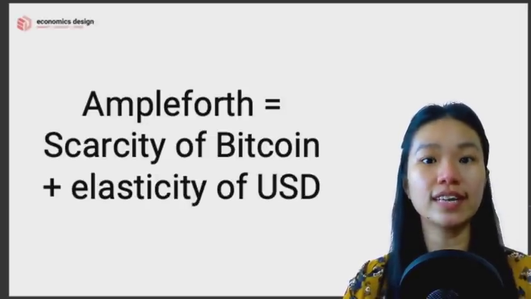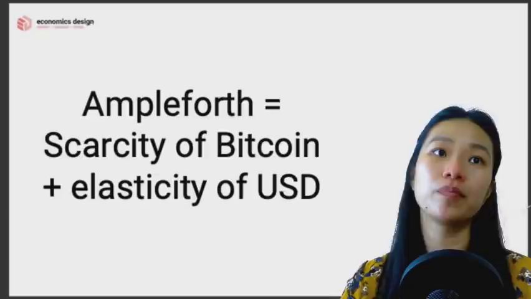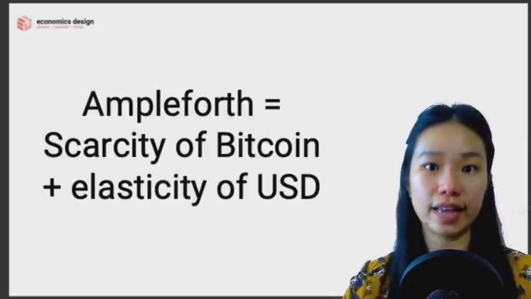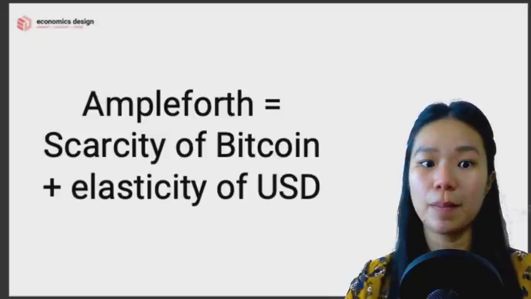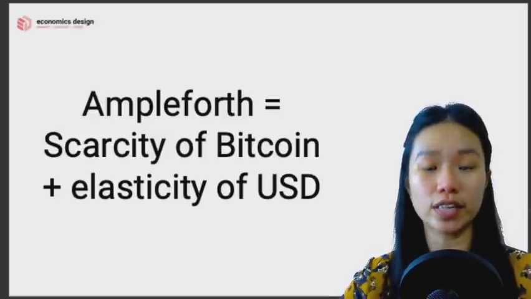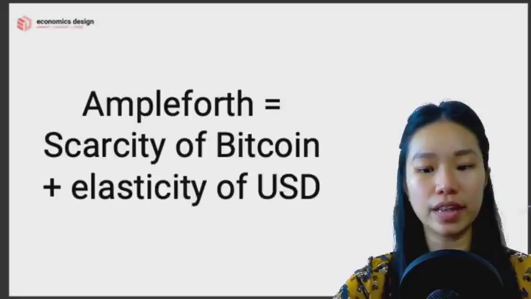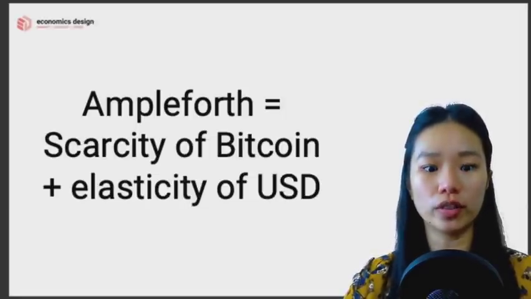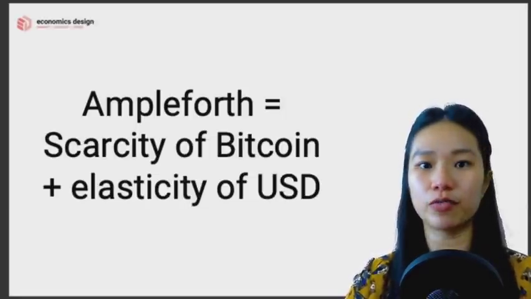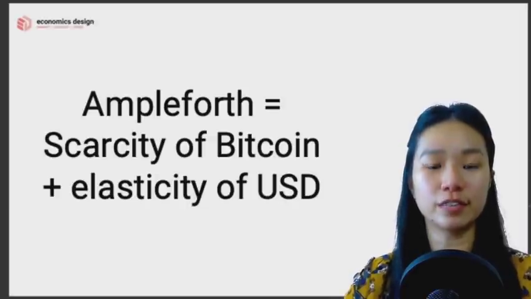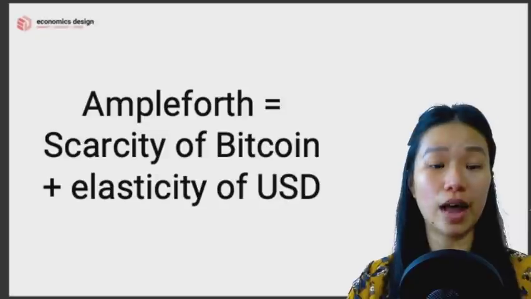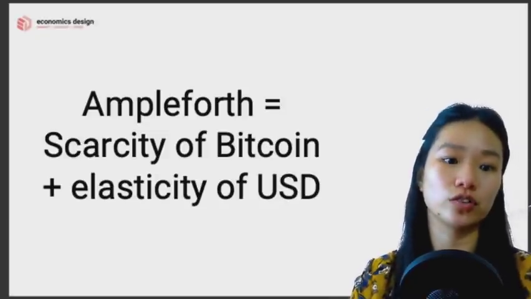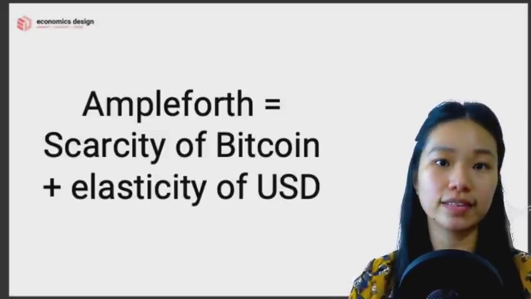Because it increases and decreases, it's an automated scarcity that is in the smart contract. But it has the elasticity of USD because it can increase and decrease when the time is right, or when the information, the oracle, or a price difference triggers the smart contract to be executed. So there's this elasticity of USD. I would summarize Ampleforth that way: the scarcity of Bitcoin plus the elasticity of USD.